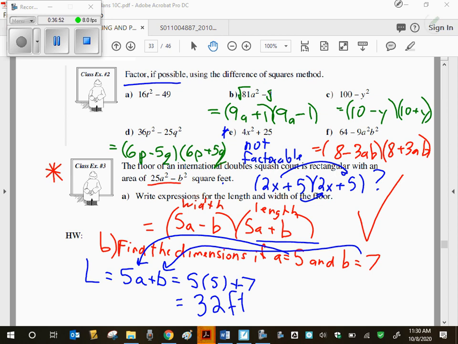Your turn. I want you to do the width for me, please. Find the width of this floor, this double squash court. Find the width when a equals 5 and b equals 7.